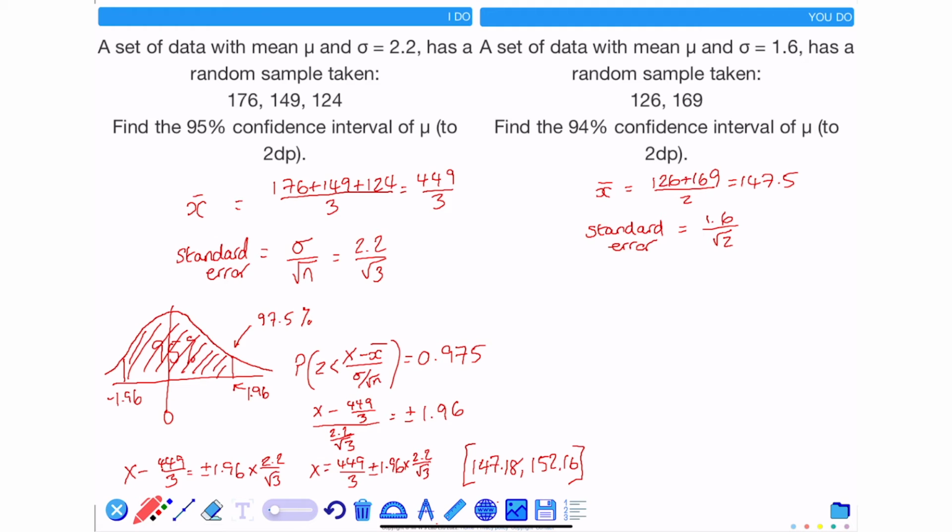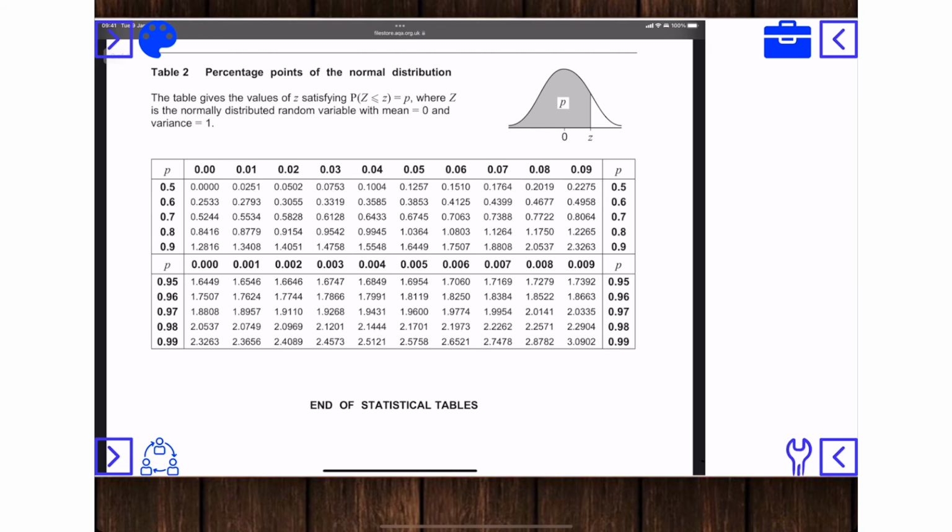In this case, I'm after a 94% confidence interval. So that means I need 3% off the top, 3% off the bottom, so I've got the middle 94%. This means I'm calculating the probability that z will be less than x minus 147.5 over 1.6 divided by the square root of 2, so that it's equal to 0.97.